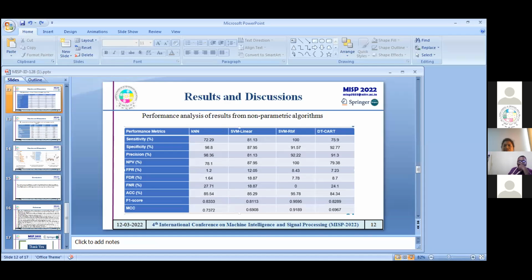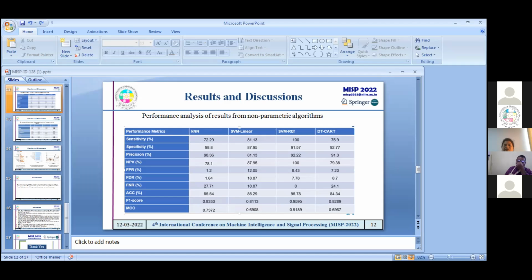So we considered various parameters. We compared these parameters, like sensitivity, specificity, precision, false positive rate, false negative rate, accuracy, F1 score, and MCC, the Matthews correlation coefficient, and we could find that the SVM classifier with the radial basis function was performing better, and this is a non-parametric method.